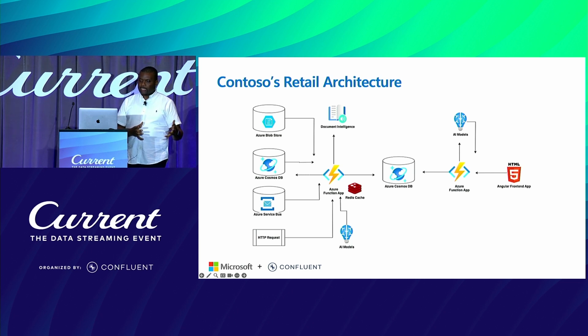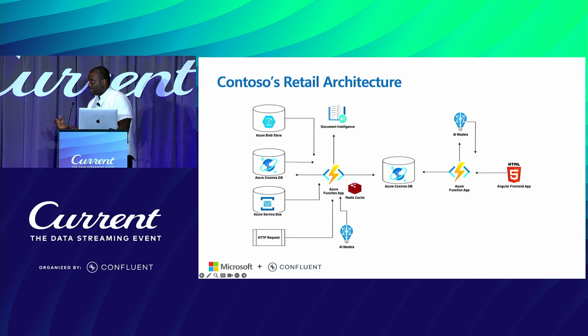The different event categories are happening in Blob Store, so that typically causes us to trigger an Azure function when the inventory replenishment happens, when somebody has made a purchase, or when somebody has returned a particular item. Then that is processed and maybe put in Service Bus so that we can trigger another function and then put it in Cosmos DB, so that our AI application can receive the query, go to the database, retrieve the information and display it.